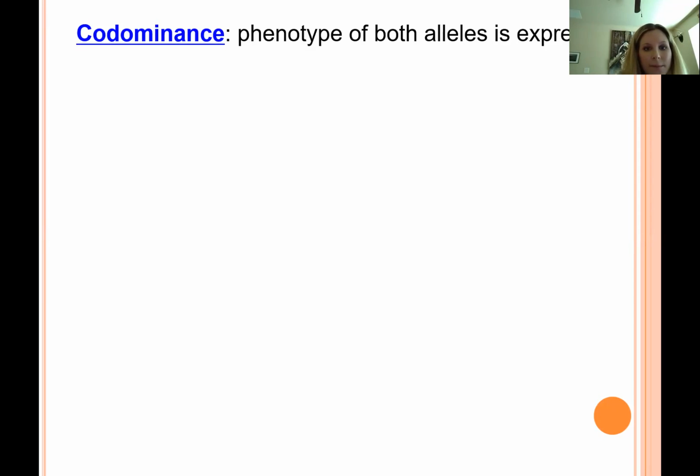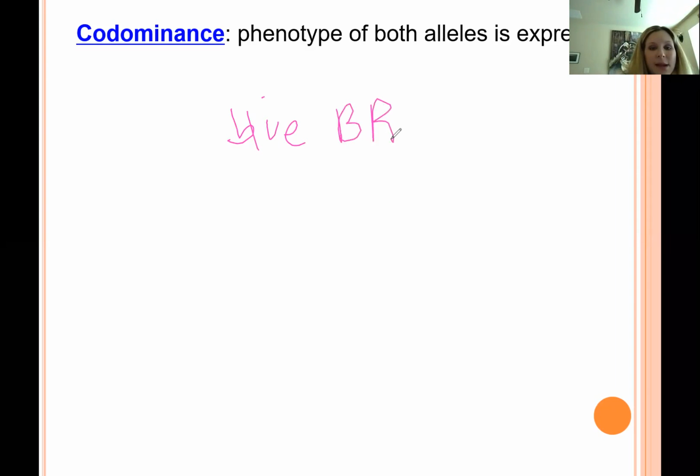So I'm going to say that blue scales are big B, and then I'm going to say that red scales are big R. So if they have 2 big B's, they're blue. If they have 2 big R's, they're red.